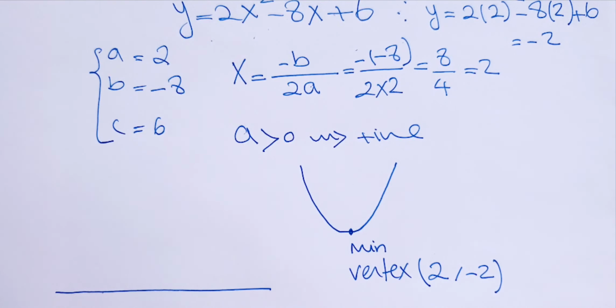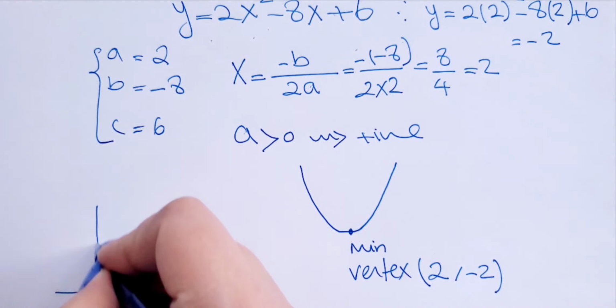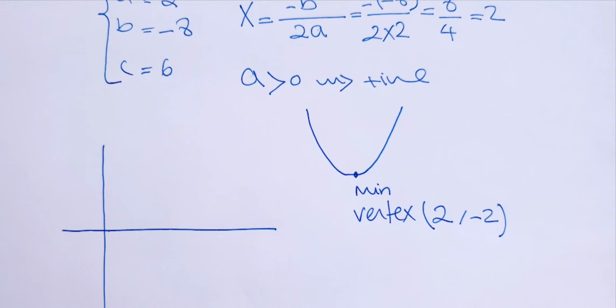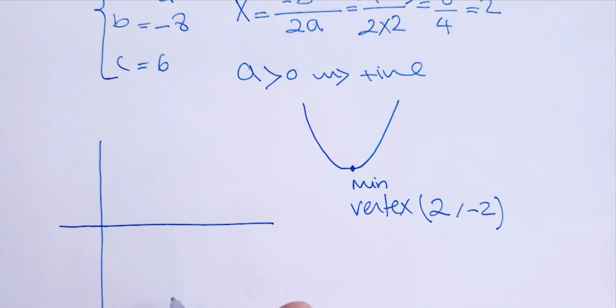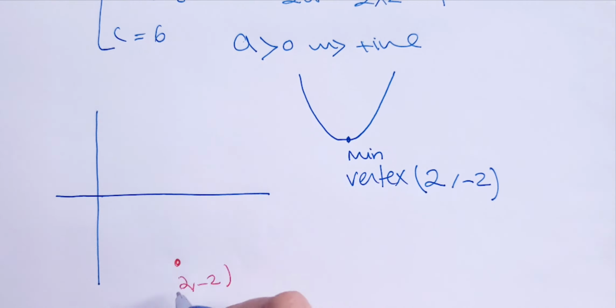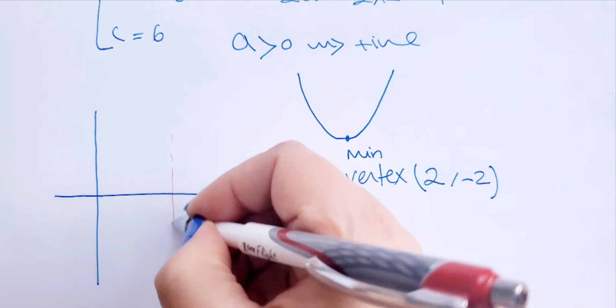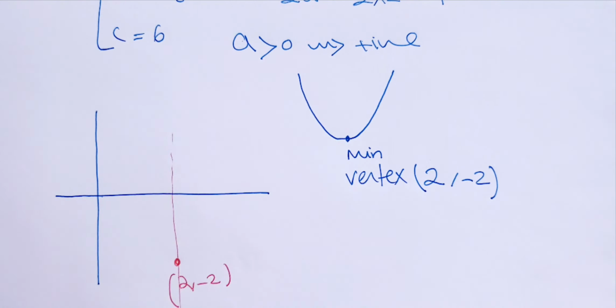It would be at 2 and negative 2, and then the line of symmetry is here. Now we have to find a couple of points, and then using the line of symmetry, we can find the other half.